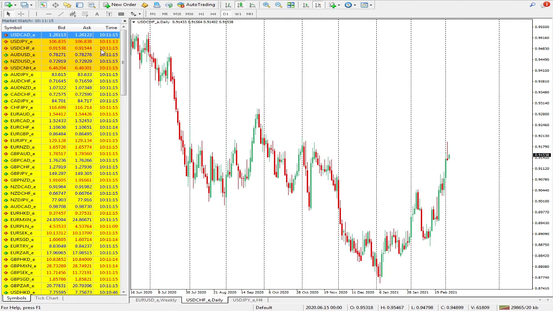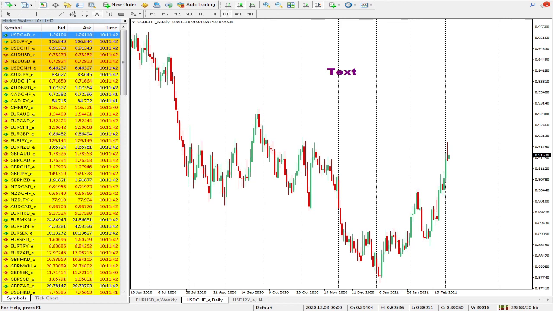So this is the formula. Let me write the formula before we wind this up. Lot size is equal to risk in dollars divided by stop loss (SL) in pips times tick value.